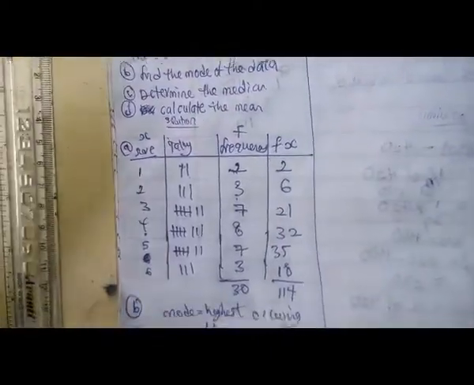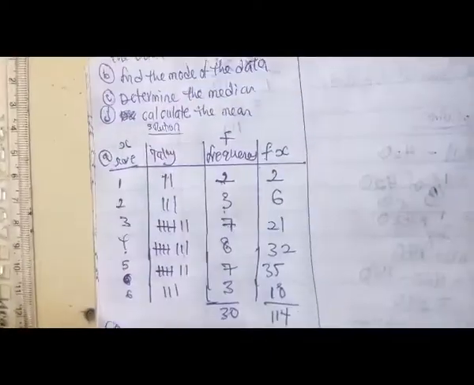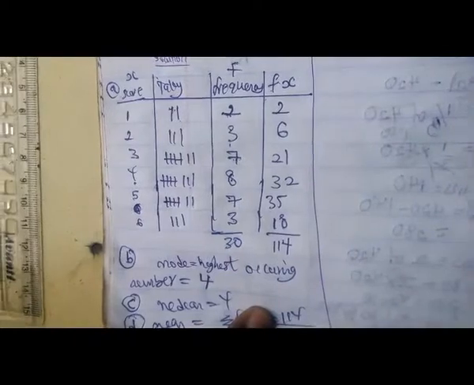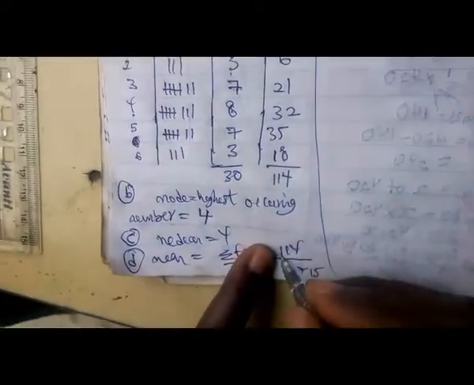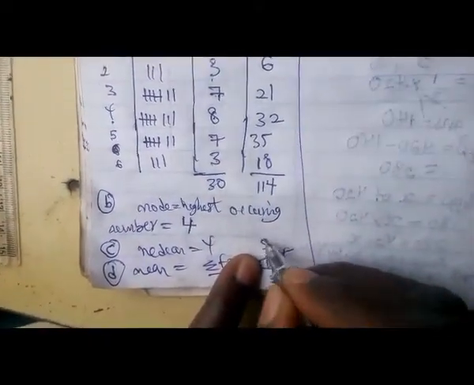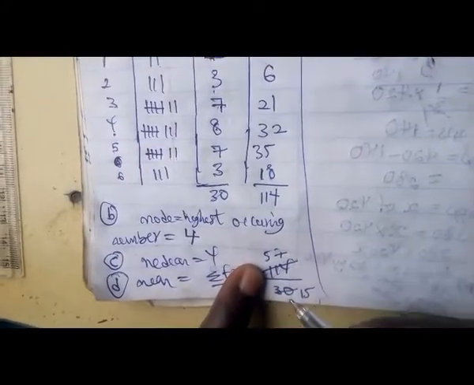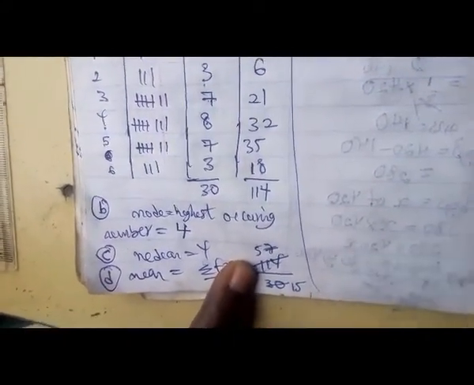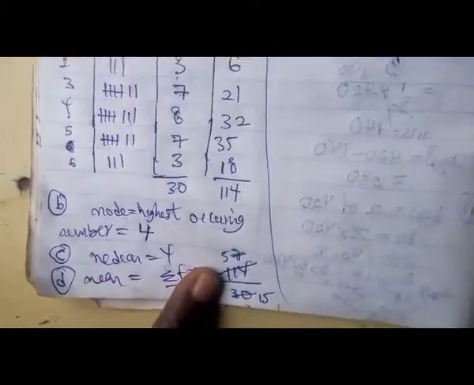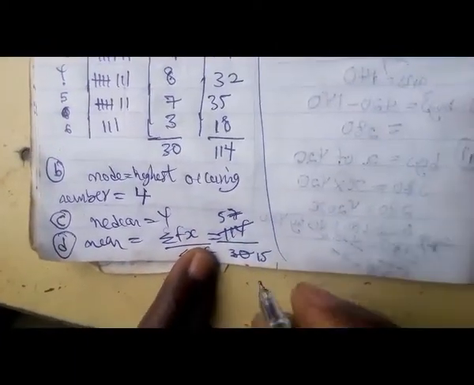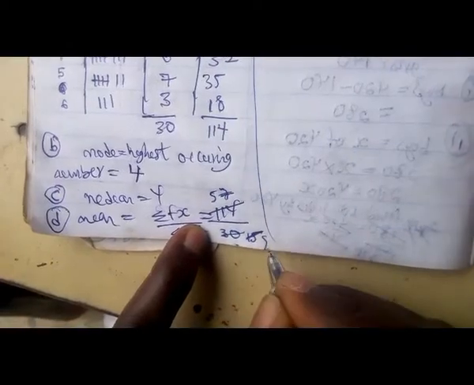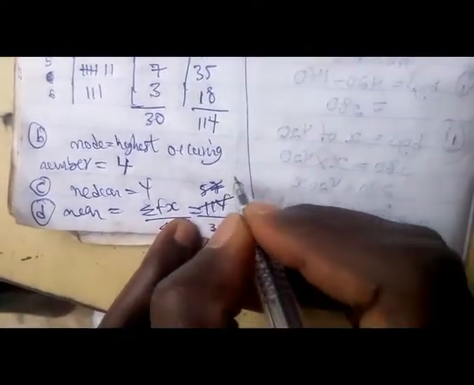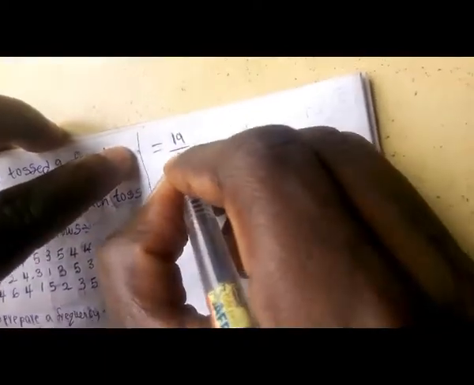So 114 divided by 30, let's cut it. 5 in 30 is 15, 5 in 114 is 57. Cut it again. 3 in 15 is 5, 3 in 57 is 19. So the mean is 19 over 5.